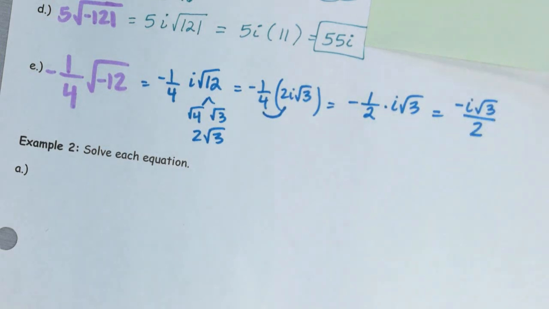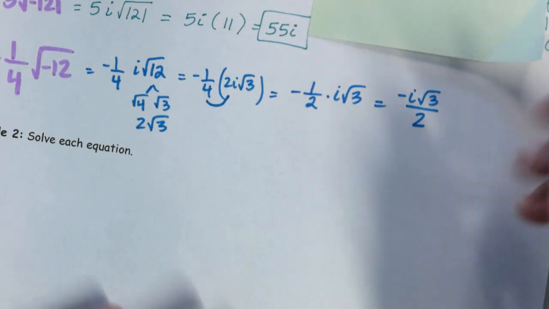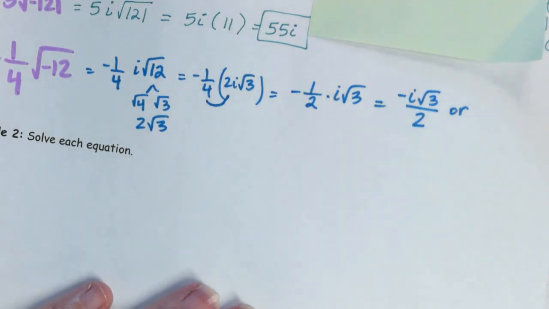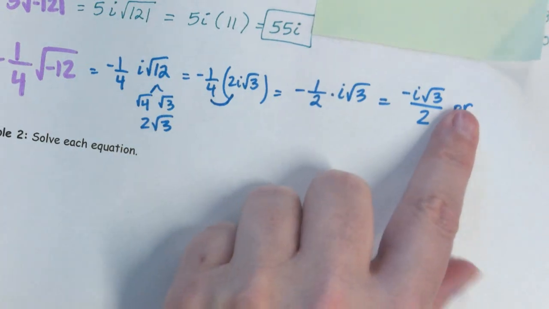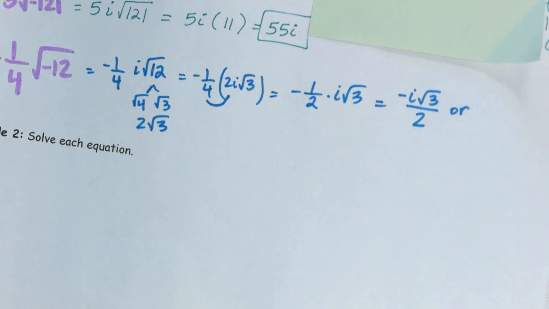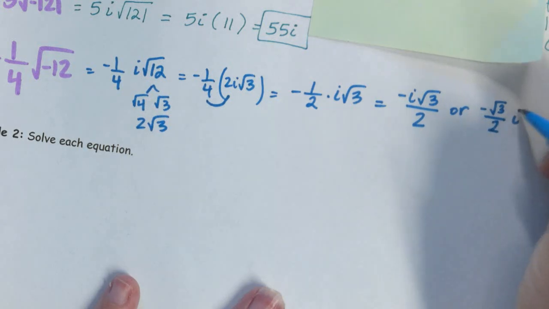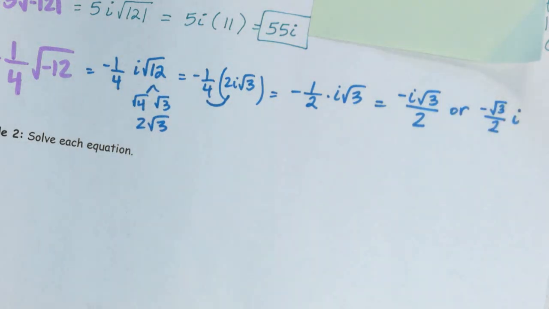Okay, and you could either leave your answer like this, or what we are going to want to start doing is putting the coefficient of i first. So the number here is negative root 3 over 2, and then we would put i on the side.